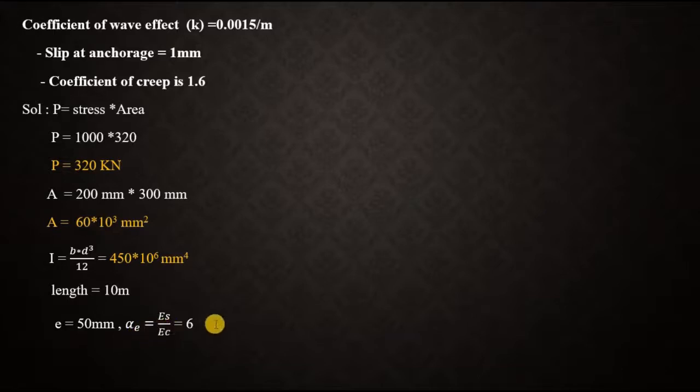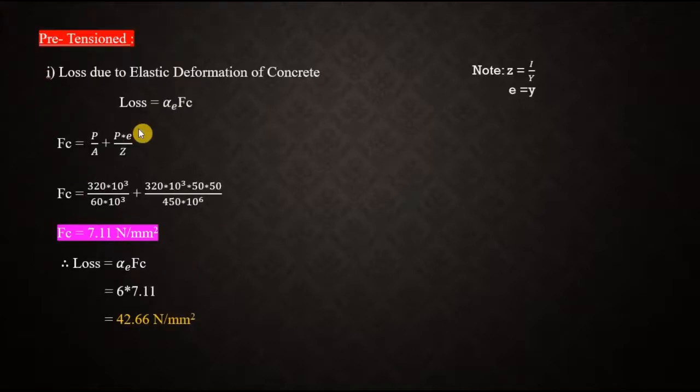So the modular ratio formula is Es by Ec, Young's modulus of steel by Young's modulus of concrete. Take both the values, so you will get alpha E as 6. So we will start with the first system, that is pre-tension.